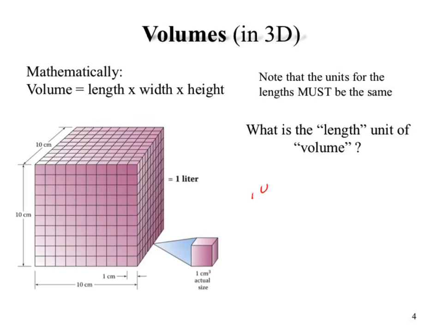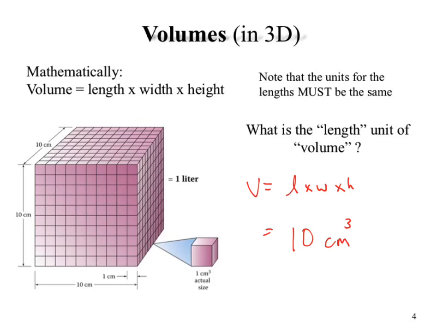So the volume of that cube, we said was length times width times height, and I'm hearing that the answer is 10 centimeters. 10 centimeters cubed. You're saying no, why? Because that's only one thing, so it's not all.